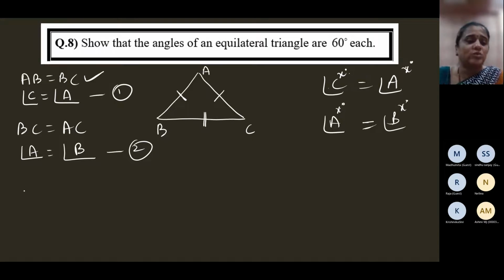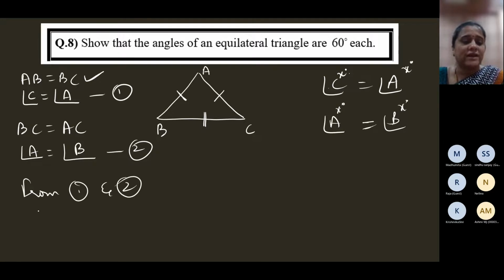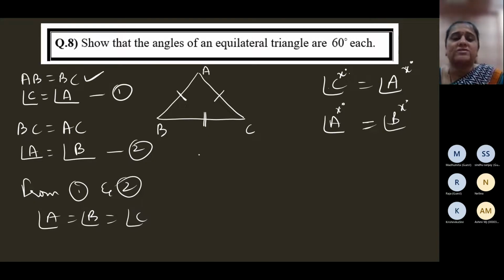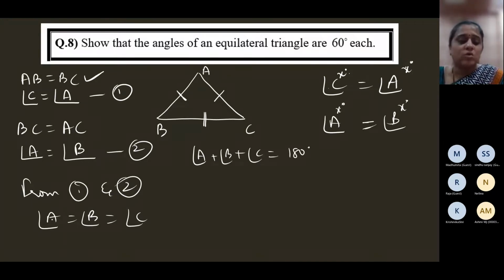So from 1 and 2, angle A is equal to angle B is equal to angle C. Now use the angle sum property in a triangle. Angle A plus angle B plus angle C is equal to 180. Now we know all the three angles are equal. So write A as A, B is also A, and angle C also as angle A, is equal to 180.